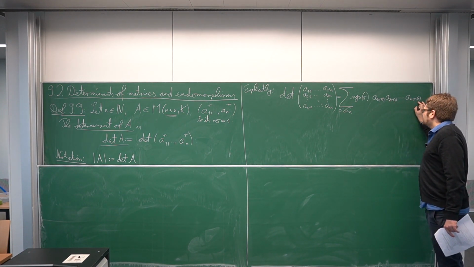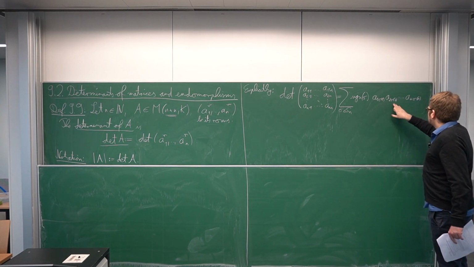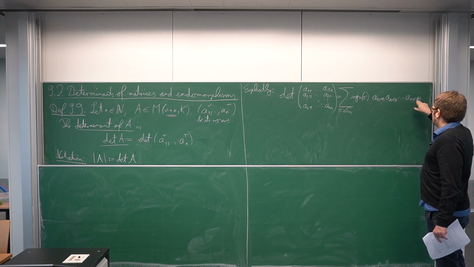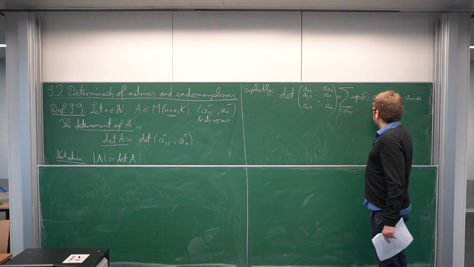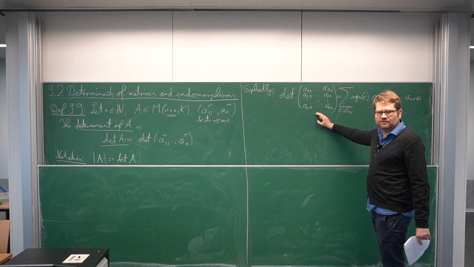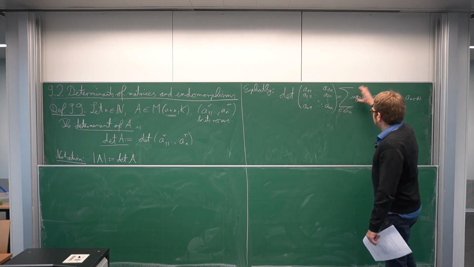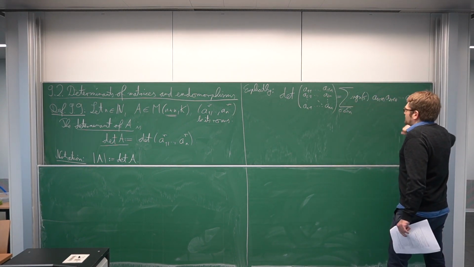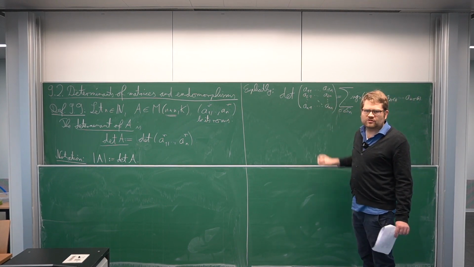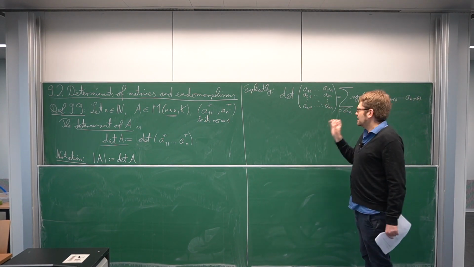It's particularly bijective. So this means every number between 1 and n appears once here. This means intuitively that in this product, there's precisely one element from every column. So what we do is we take the big sum here with some funny signs, and then take all products of elements, which we can choose in our matrix, such that we have precisely one element in each row and one in each column.